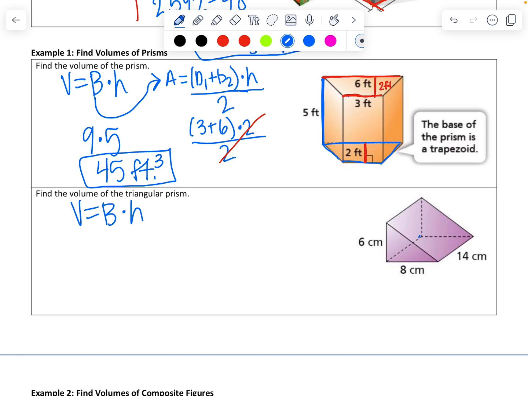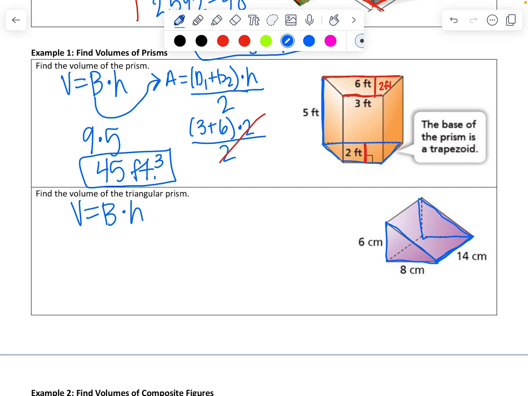So I know right here, this rectangle cannot be the base because there's not one that looks exactly like it. There's only one of it. Okay. Plus, it says triangular prism, and that means the bases are triangles. So my bases are those two triangles. Okay. Those are our bases, and then the line that connects them is the height. So I know right away my height is 14.